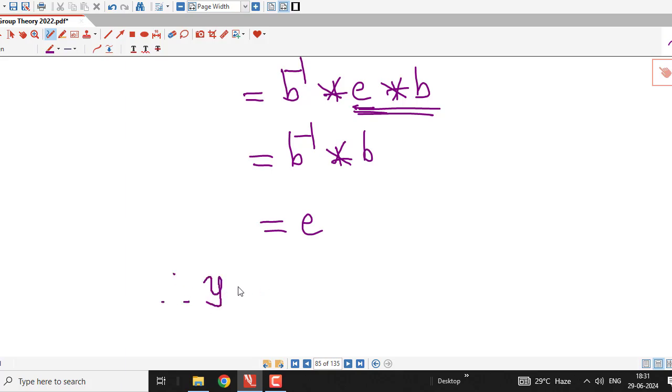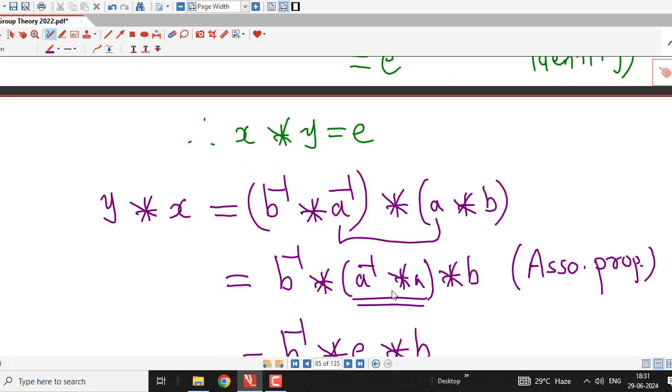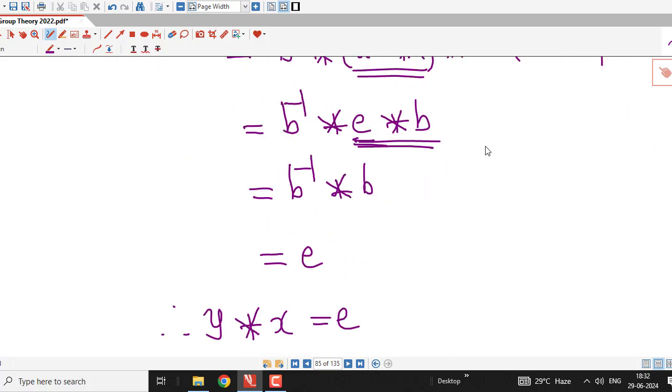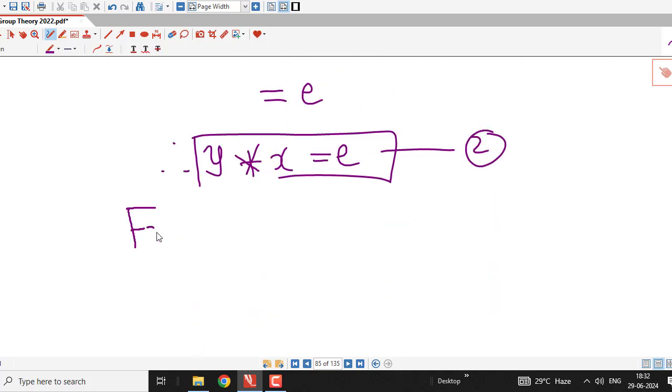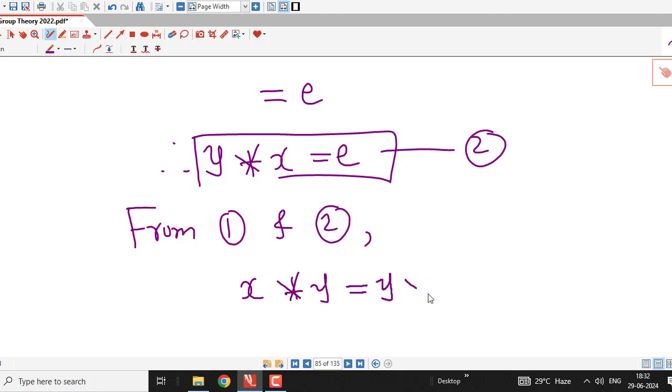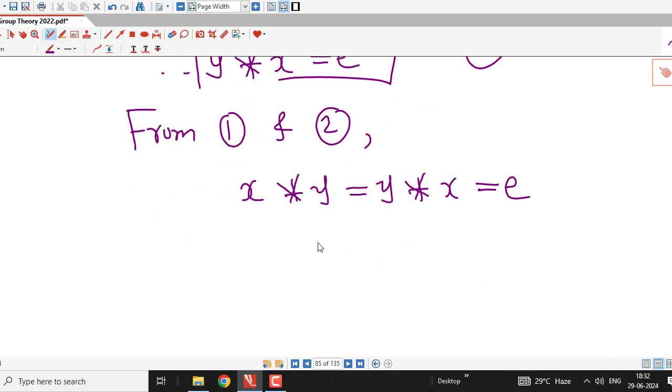Therefore we have shown that y star x is also equal to identity, and here I have x star y equal to identity. This I can give number 1, this is number 2, y star x is identity, and if we combine number 1 and 2, from 1 and 2, x star y equal to y star x equal to identity.